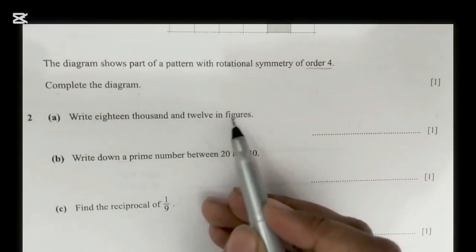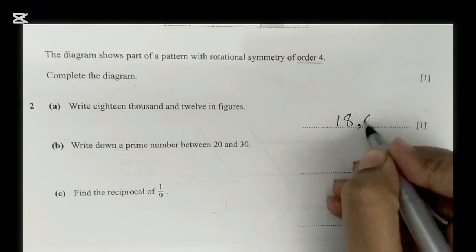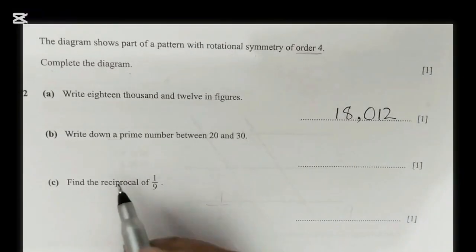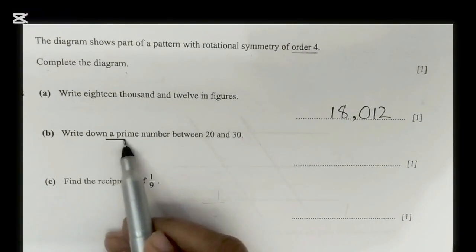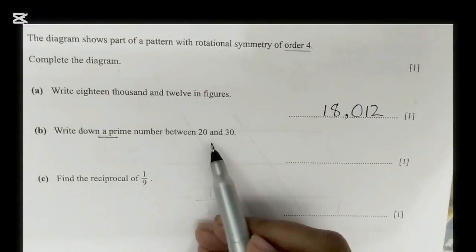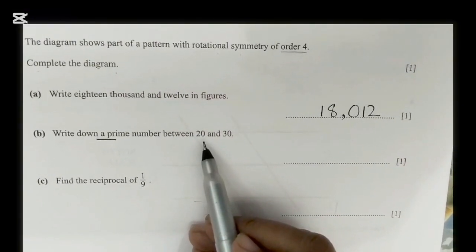Question number 2: write 18,012 in figures. There is no number in the hundreds place, so I have written 0 over here. Write a prime number. Here it says only one prime number between 20 and 30. So you can check 21 and 22 are composite numbers. What is a prime number?